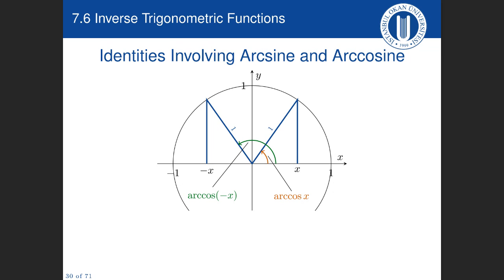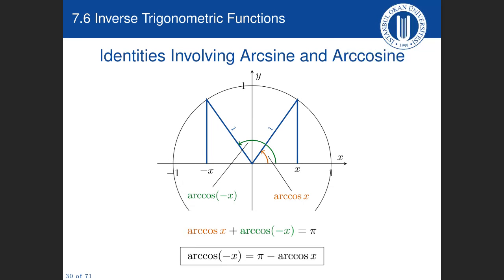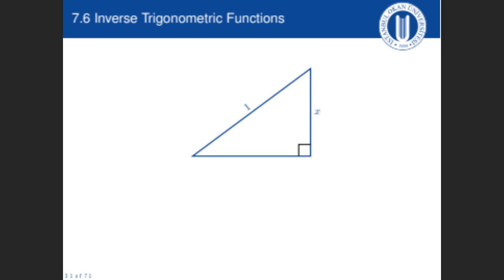If we add these two angles together, green angle plus the orange angle, then of course we get pi. So our first identity is that arccos minus x is equal to pi minus arccos x. I'll leave that for you to think about.